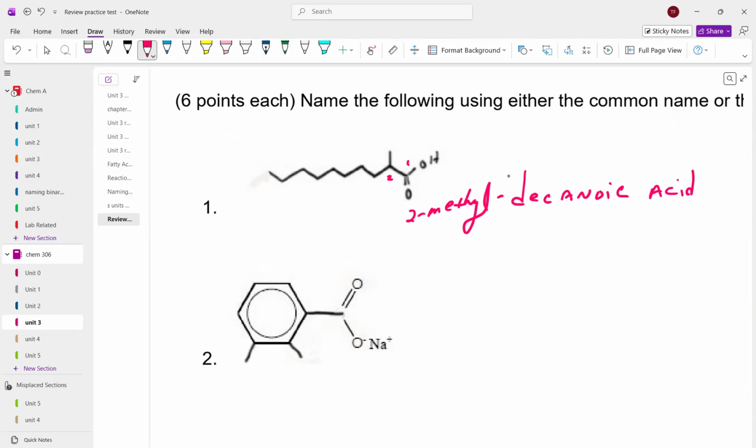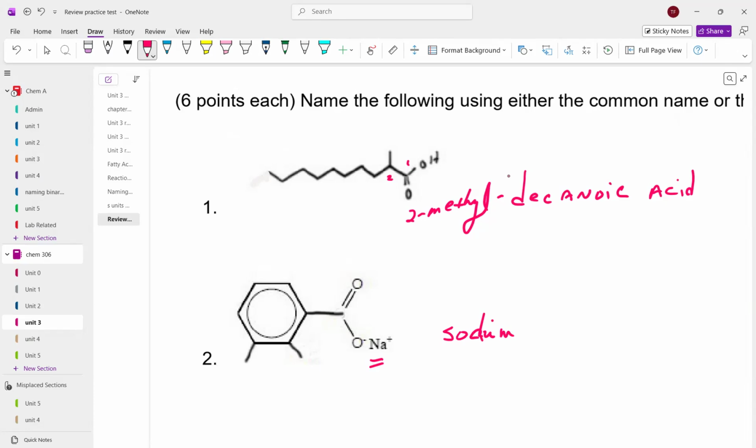Okay, so we have an acid salt here. So this is going to be sodium, and that's based on benzoic acid, so it's going to be benzoate.